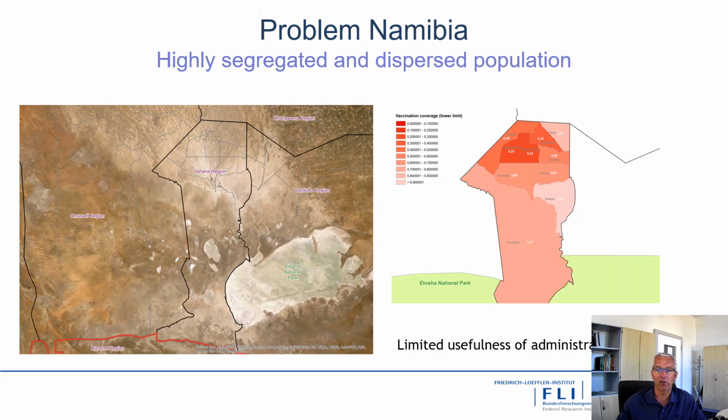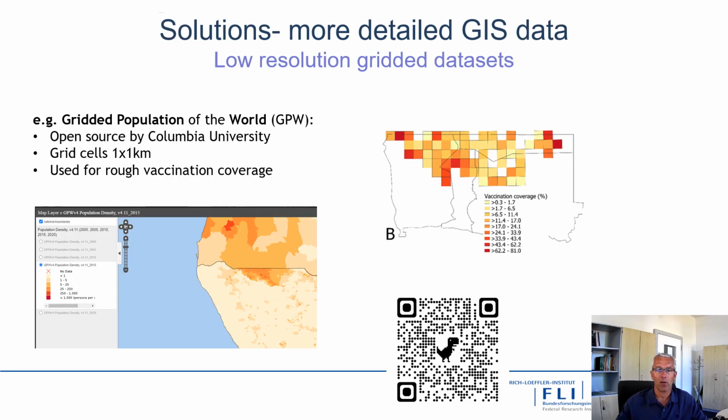Also, for evaluation, aggregated datasets may be available based on the lowest administrative level, that is constituencies, but because of the size of Namibia, these constituencies are really large and also are not very helpful for planning and evaluating your dog vaccination campaign. What you can use is a gridded data set.